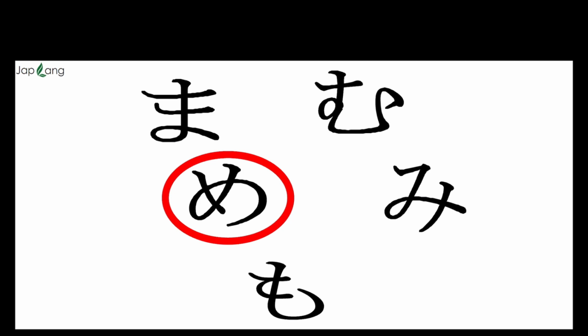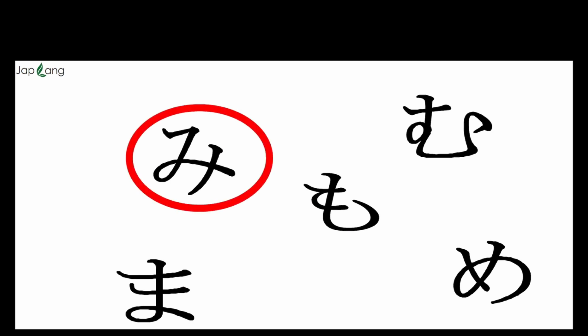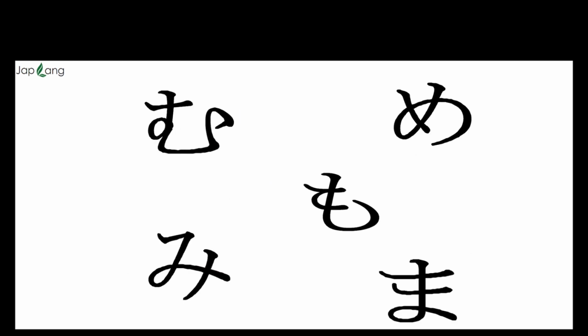Now let's go for, where's Mi here? Mi is left hand side, top. Alright. Now please let me know where is Mo here. Alright, that's in the center.